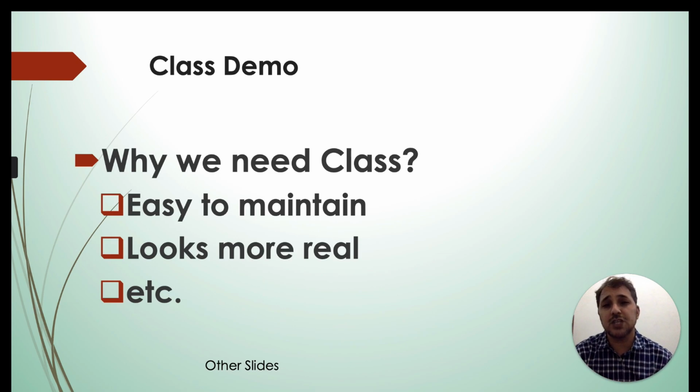So if you change a function in a class, that change reflects to all the objects belonging to that class. And without object oriented programming, you will have to change each piece of information individually, and sometimes that is very difficult in real professional projects.